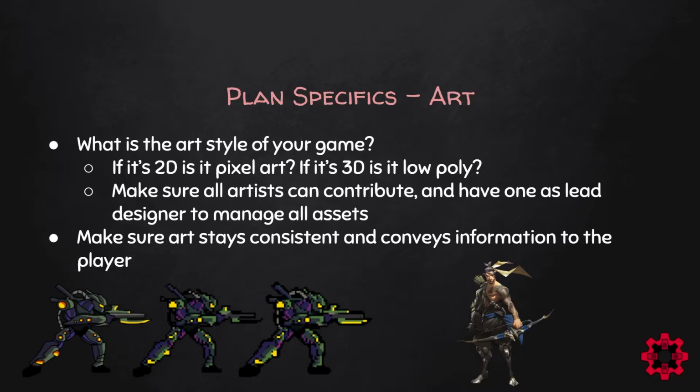If you're pulling models from a free asset store and you're having your friend make other models for you, the models from the asset store and the models your friend makes for you probably will not look the same, and this will be kind of weird looking to whoever plays your game. So, one thing you should definitely do is find a style that you want to do, stick to it so that your game feels cohesive. It feels like it is one game rather than a bunch of different things patched onto one another to make a game.